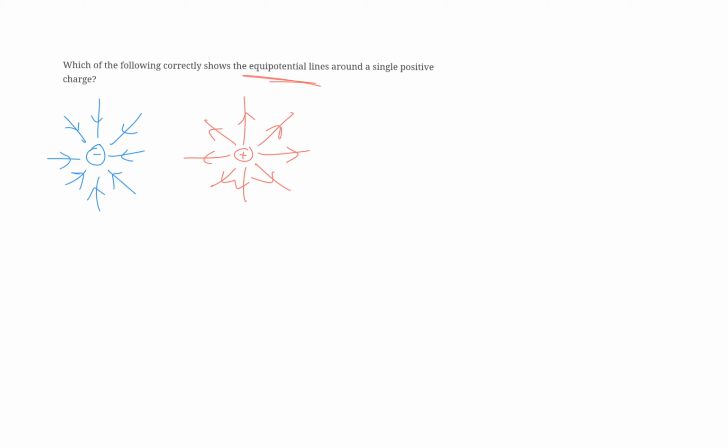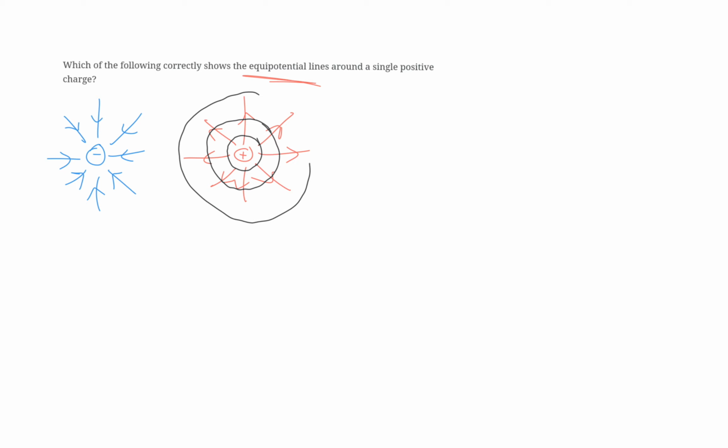If we look closer to the centre of this positive charge, then what we can see is that there's a lot of flux lines there, and the further we get away from this central point, the weaker it becomes.